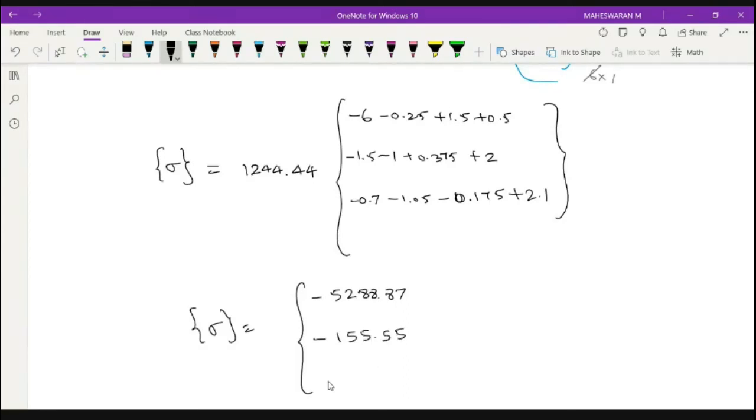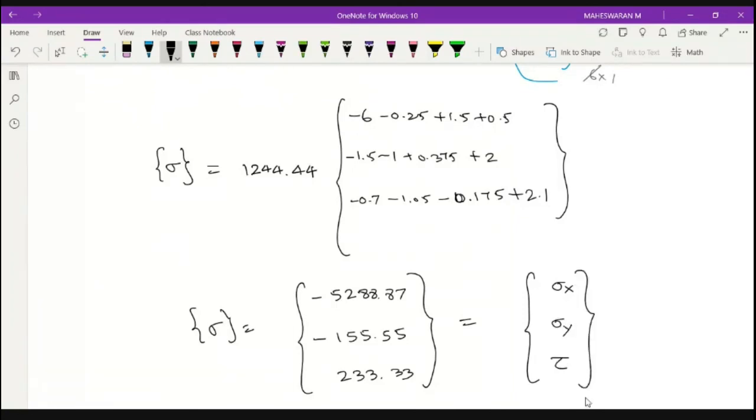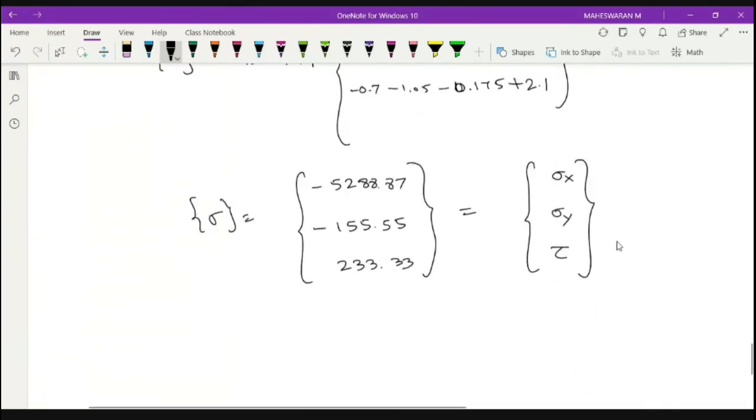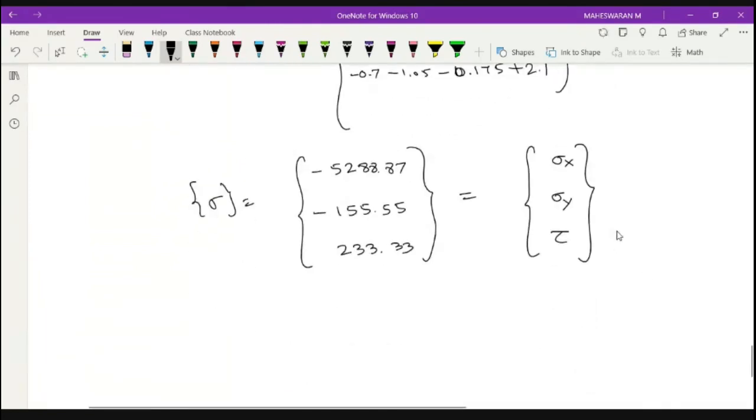Okay. 233.33. So this is nothing but stress in the x direction, stress in the y direction, and tau, your shear stress. So these are the values. So you have a compressive type of stress here, in the x and y directions.